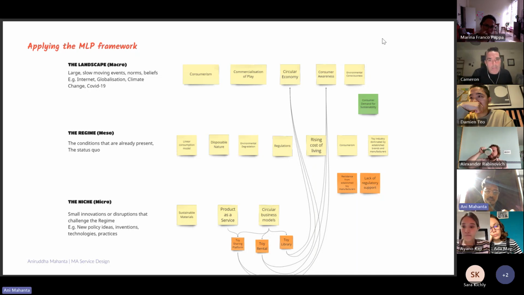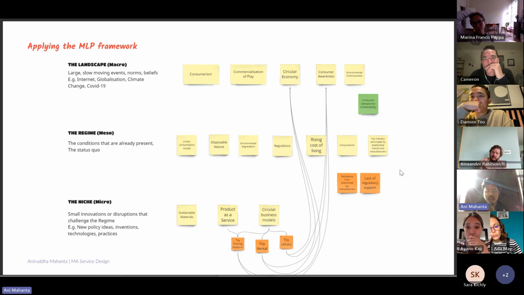at present, the market is basically dominated by a lot of these established toy manufacturers and toy brands. So there is a lot of resistance from them in terms of moving towards a circular service.